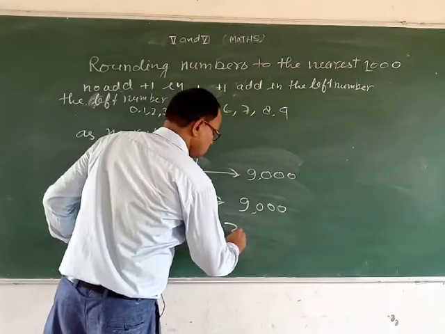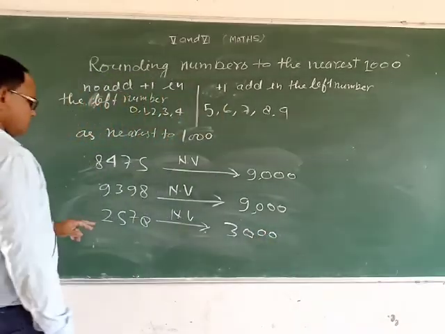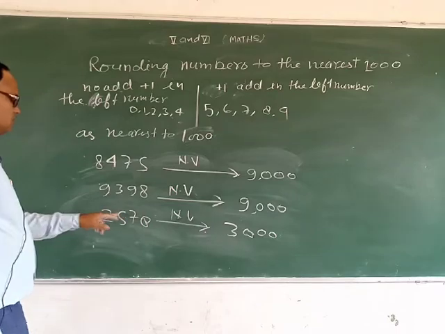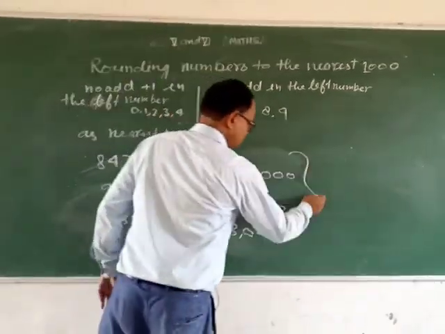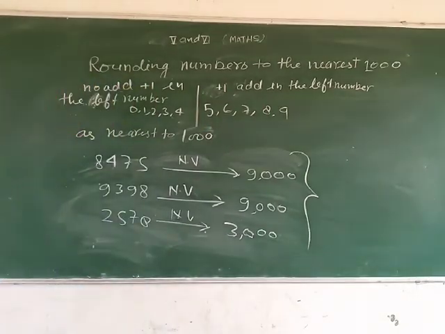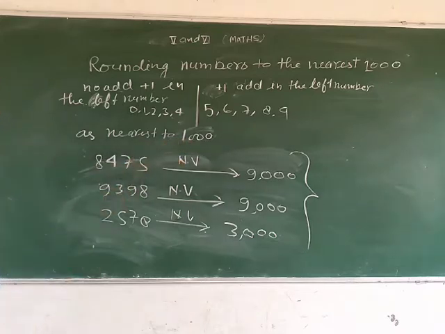Then here 3, 0 0 0. Thus we determine the nearest value 1000 if given numbers are thus.